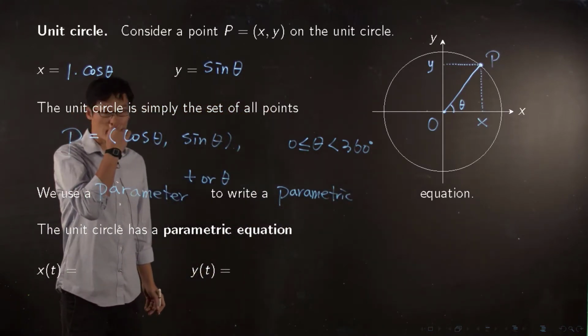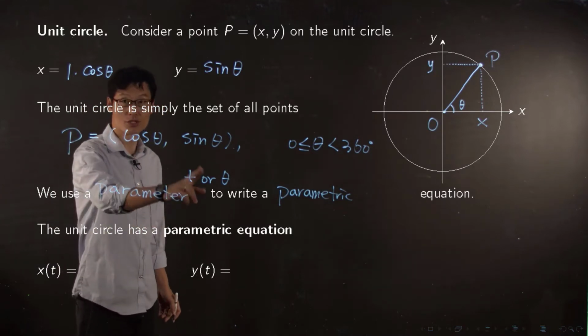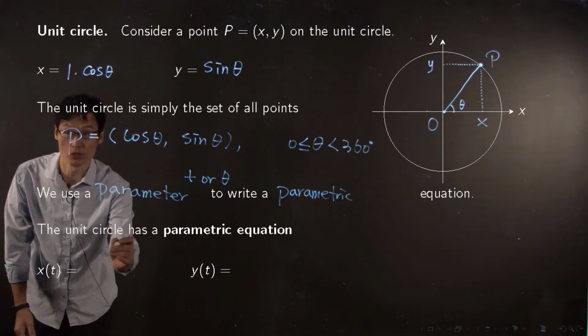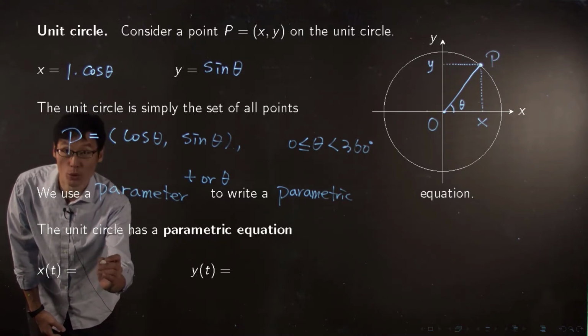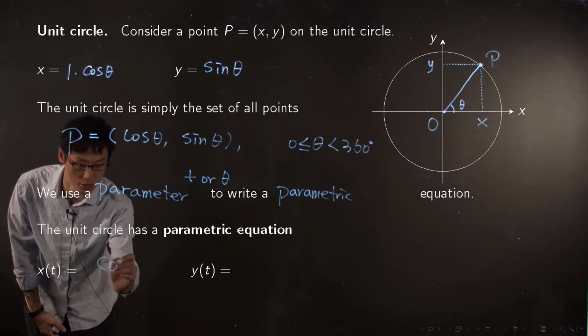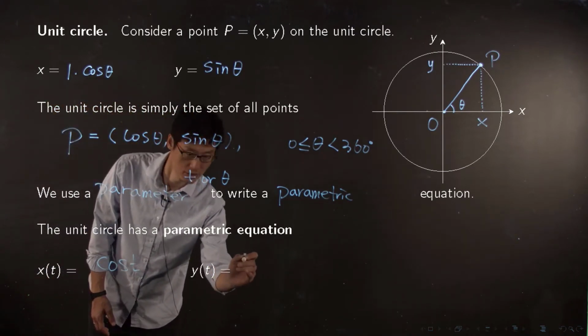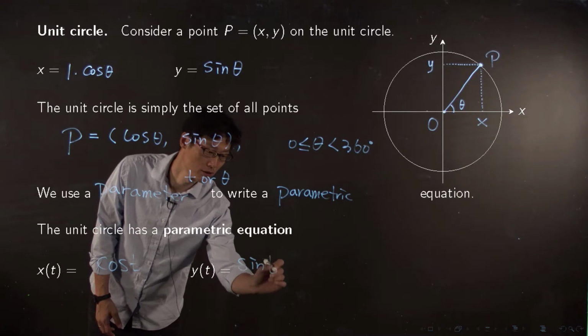Theta is also good. If you use t, then we have a parametric equation: the x component is cosine t, and the y component is sine t.